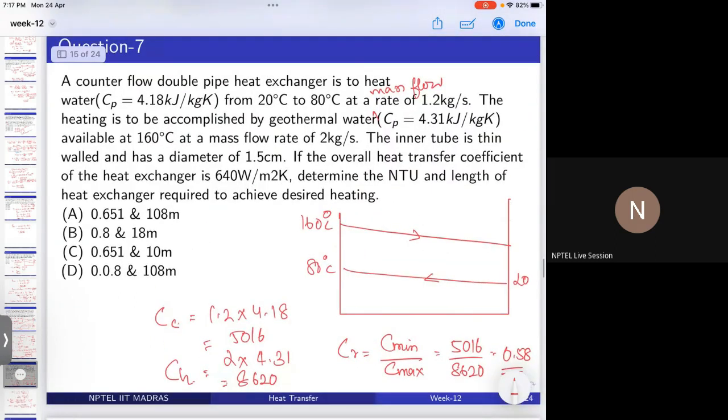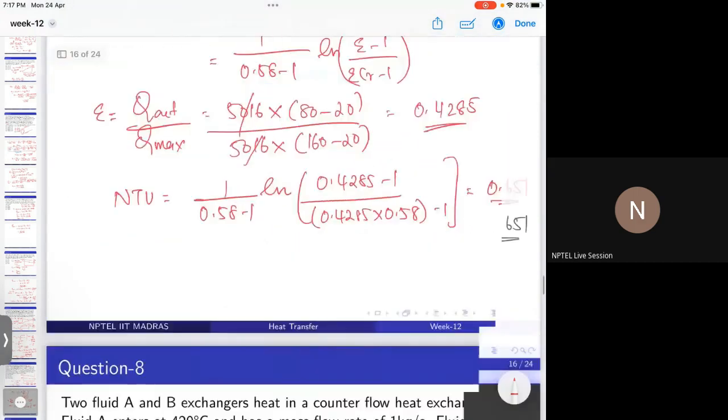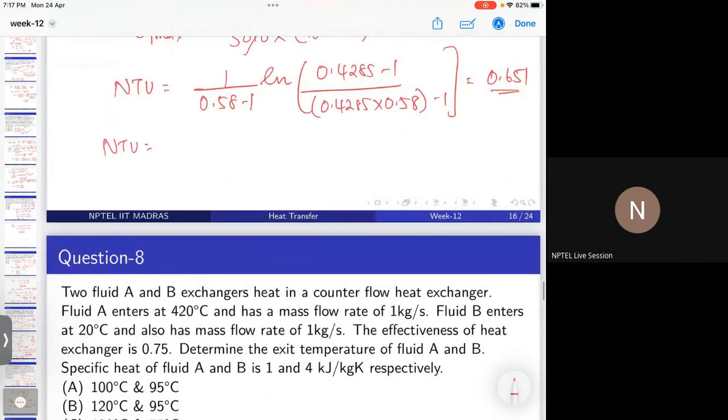The first part you got, the NTU, and next is the length of the heat exchanger. What is the definition of NTU? It is UA by C min.